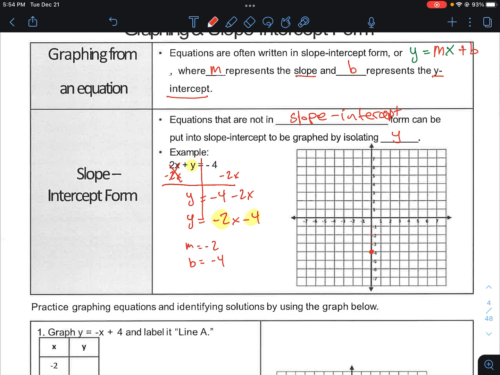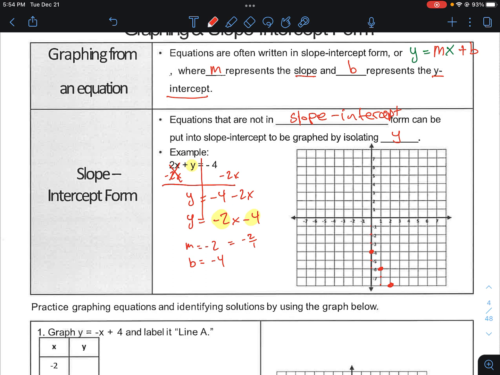And our slope is negative 2. If you want to write it as a fraction, it's negative 2 over 1. So our rise is negative 2, which means I go down. Rise, negative 2, run is 1. And I can apply that pattern backward.